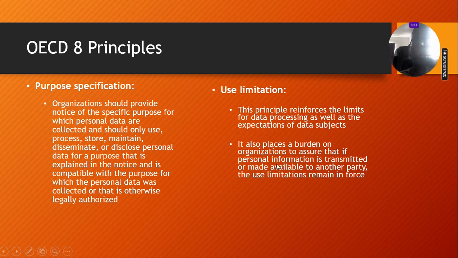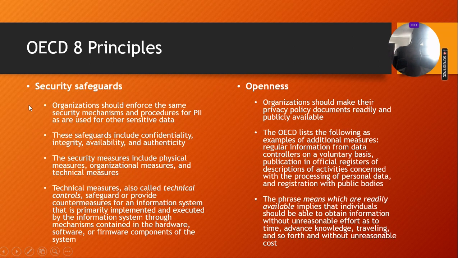It also places a duty on the organization to assure the person that if this personal information is transmitted or made available to another party, the use limitation remains in force. You must ensure that when it is transmitted to other people, you do not violate the limit to which you use these people's information.